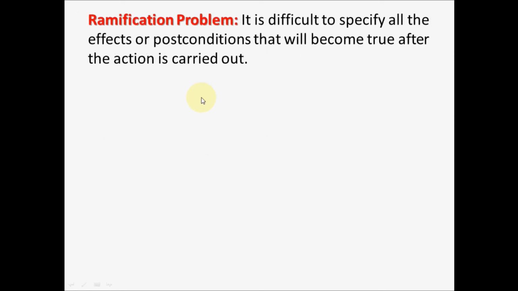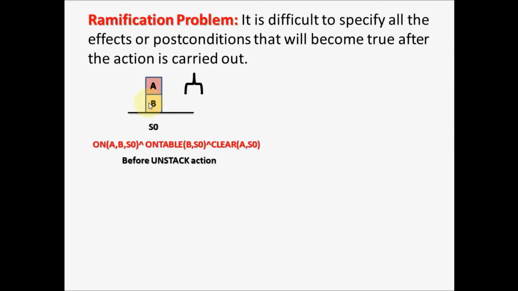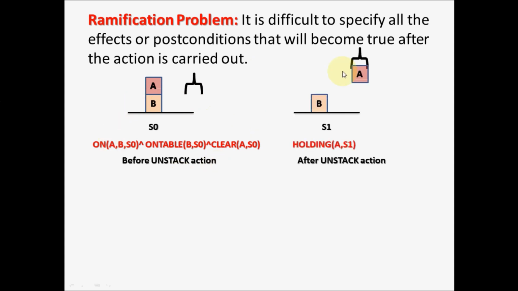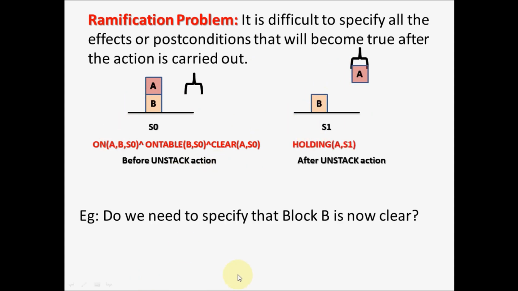Ramification problem. It is difficult to specify all the effects or postconditions that will become true after the action is carried out. Right? Again here, taking the same example. Do we need to specify that block B is now clear?